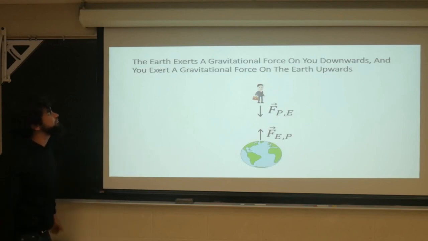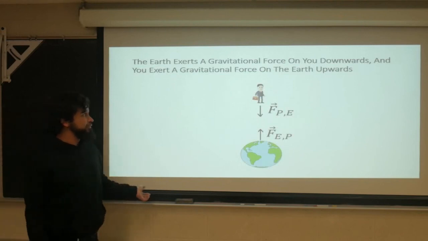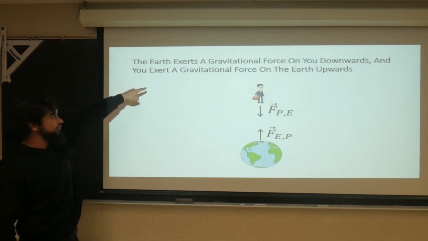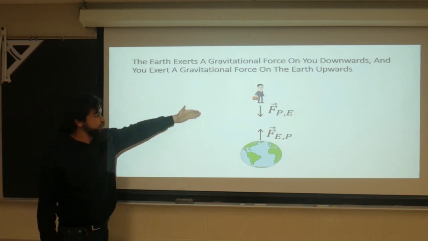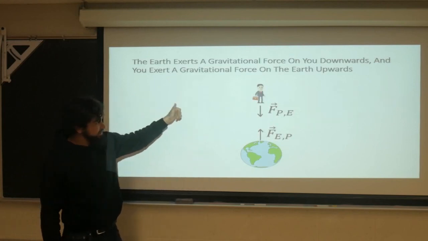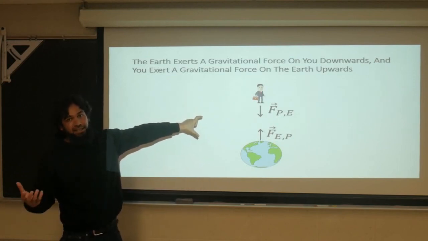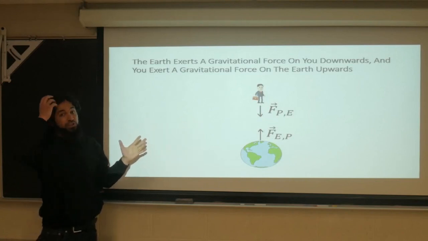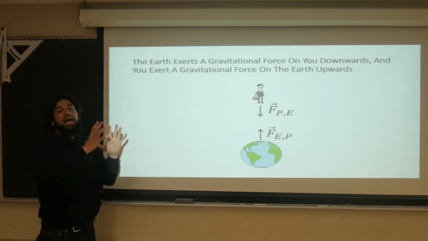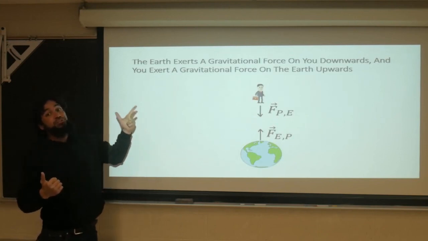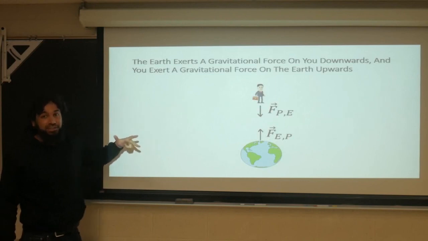Another example: the Earth exerts a gravitational force on you downwards, and you exert a gravitational force on the Earth upwards. So it attracts you downwards, and you attract it upwards. These two forces are of the same kind, because as I said, if we have action and reaction, which is Newton's third law, they are equal in magnitude, opposite in direction, on two different objects, and of the same kind.